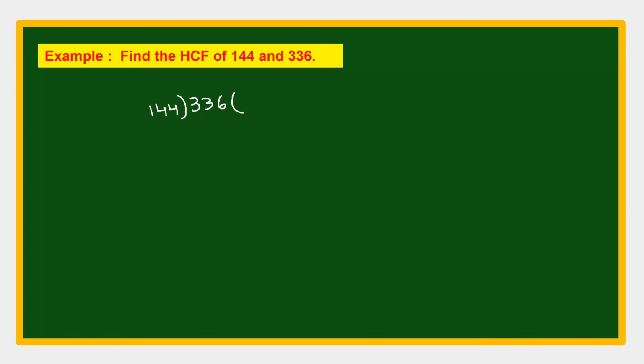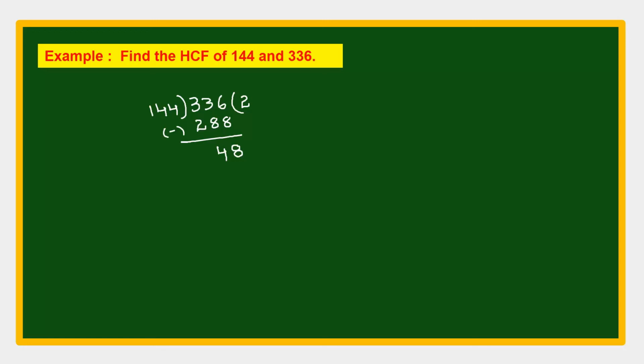So 144 1s are 144, 144 2s are 288. So if we borrow, 16 minus 8, 8, and 2, 12 minus 8, 4. So 48 is the remainder.